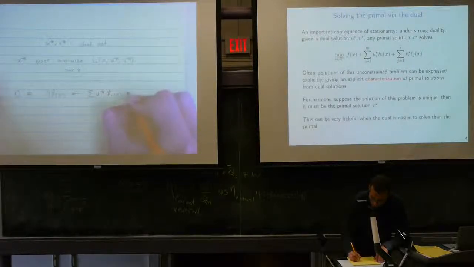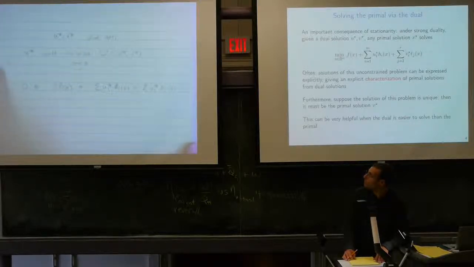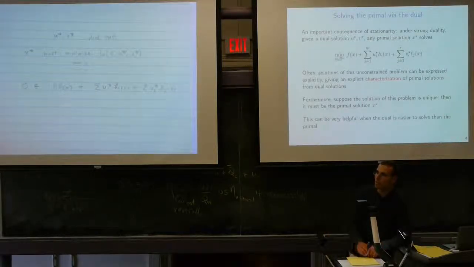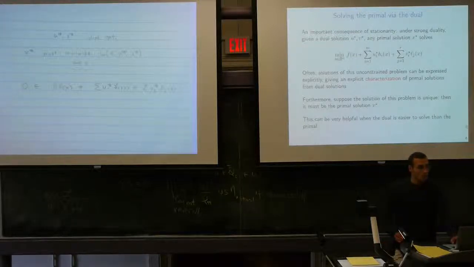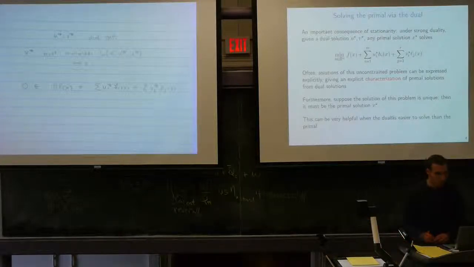And if we can, then we get the x from u star, v star. Like I said, this can be a very helpful fact when the dual is easier to solve than the primal. It may look a little abstract at this point, so we're going to see some examples that will make it more concrete.